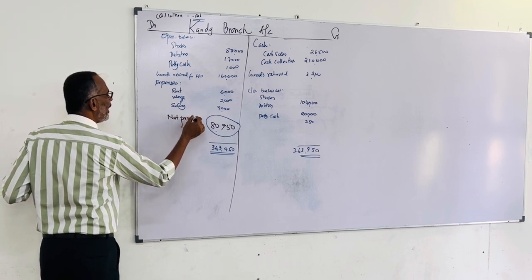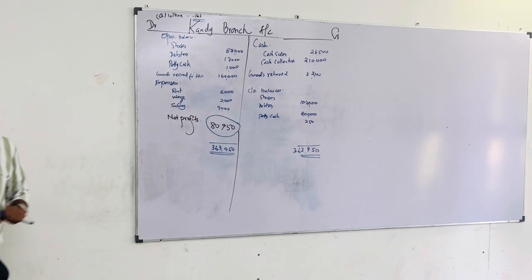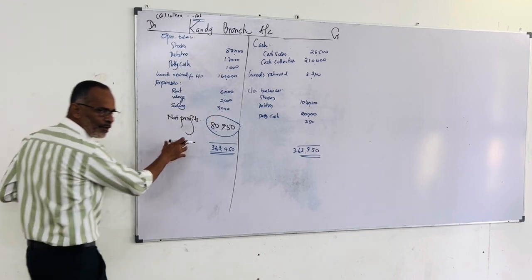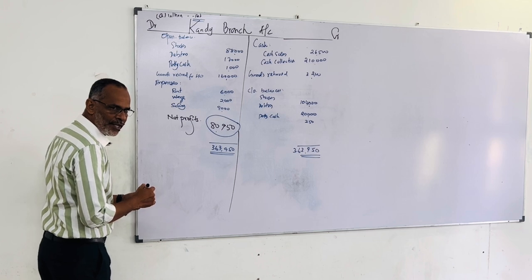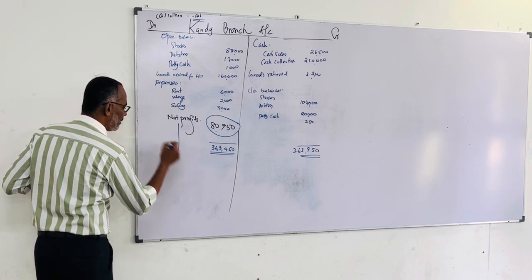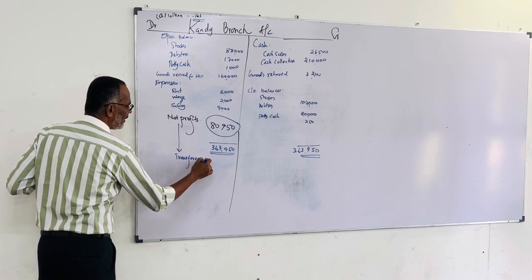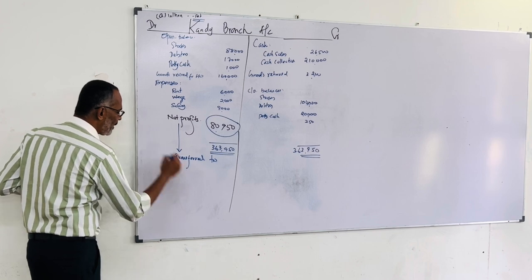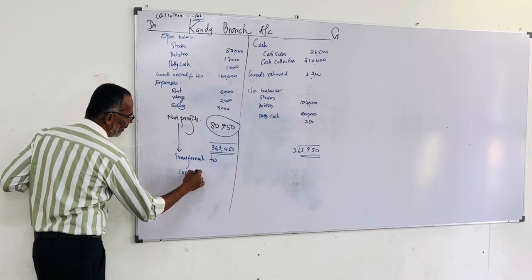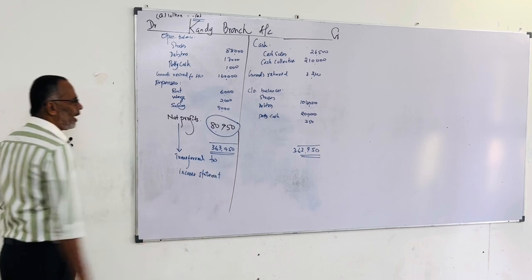This is net profit of the what branch? This will be transferred to what statement? Transferred to income statement. I'm writing for you, transfer to P&L account or income statement. Transfer to income statement.